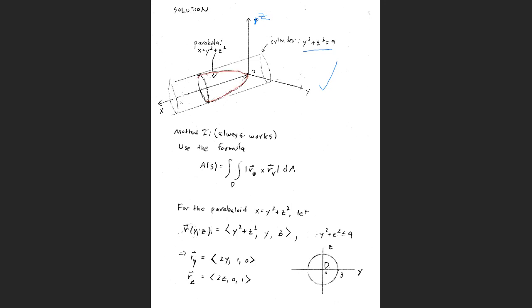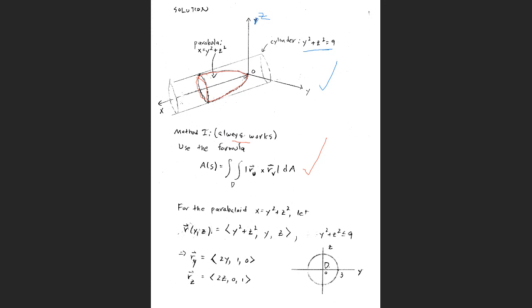We have to find the vector parameterization for the paraboloid if we're going to use method 1. But method 1 always works because you can find the vector parameterization for any type of surface. So it's a very general method. So I want to show you that method.